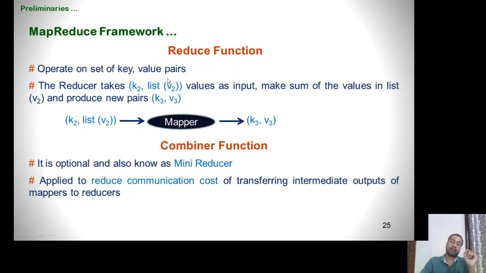That's why we call it K2 and list of V2. This data is fed to the reduce function as input, and the reduce function operates on it and produces another key value pair. This K2 and this K3 can be the same depending on the nature of the computation.